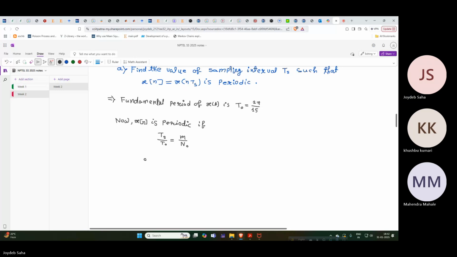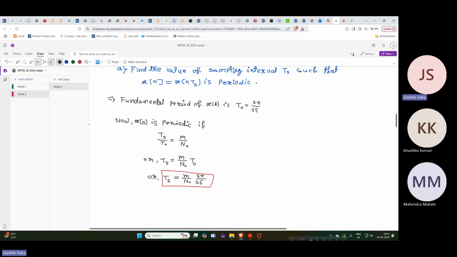Or Ts is equal to m upon N0 into T0, or Ts is equal to m upon N0 multiplied with 2 pi upon 15. It is what we have to calculate, right?